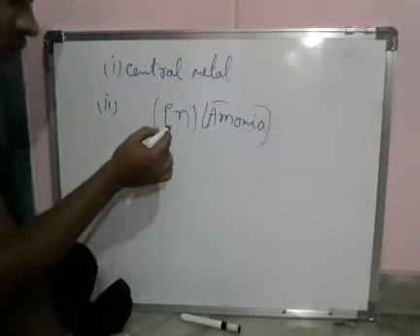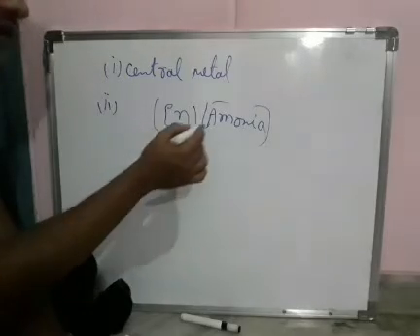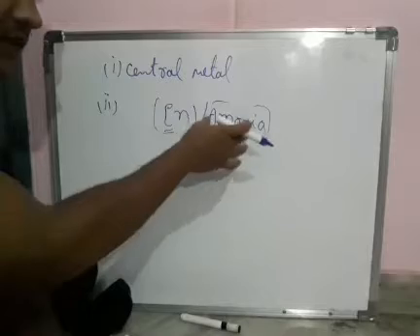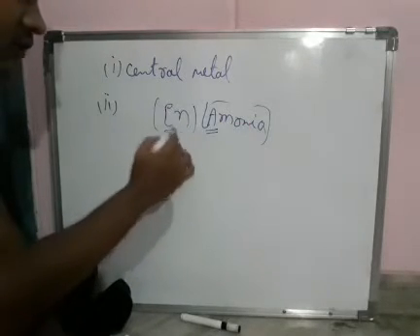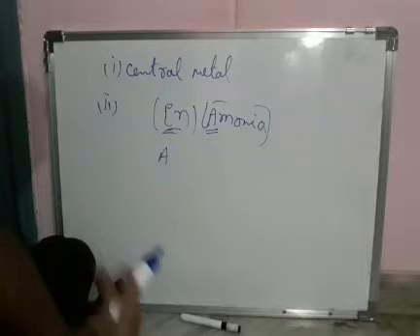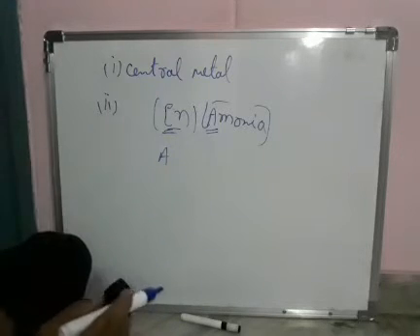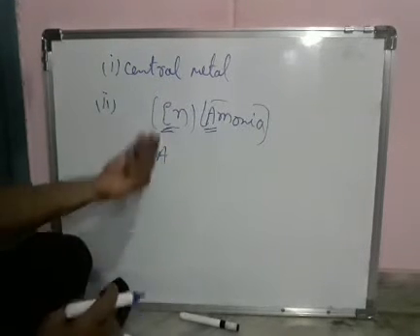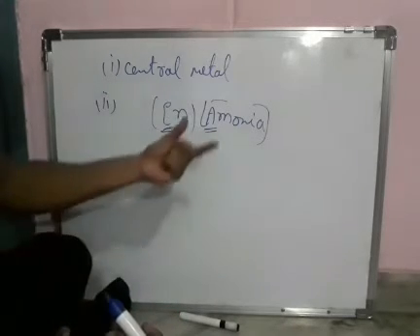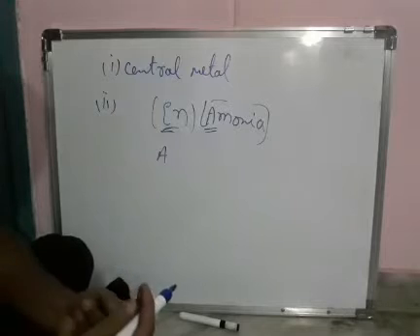This ligand name starts with E, and this one starts with A. So we first write ammonia, and after that en. Like that, priority must be given by alphabetical order. It may be a polydentate ligand, a neutral ligand or a monodentate ligand; the same rule must be followed. That is the second point.